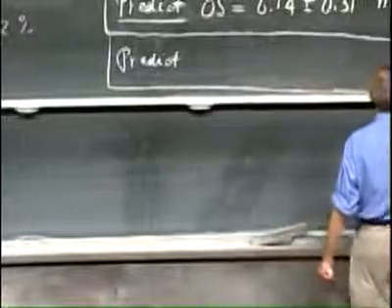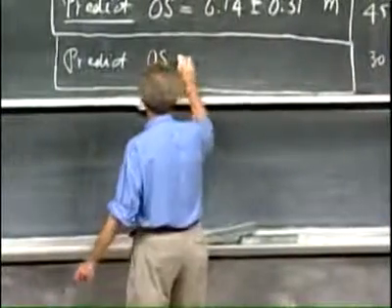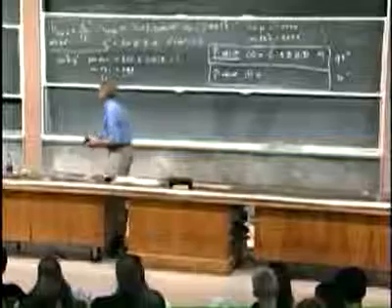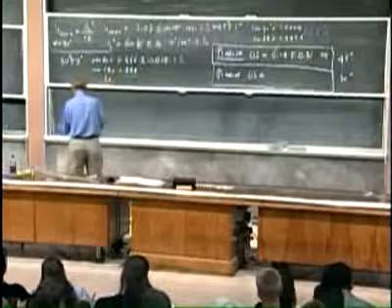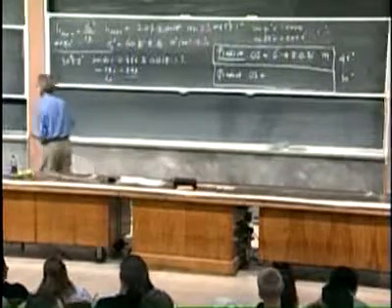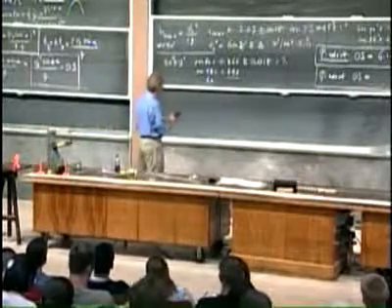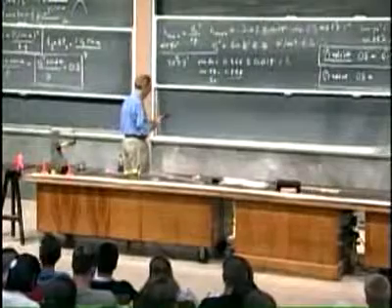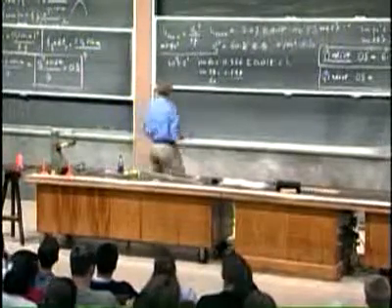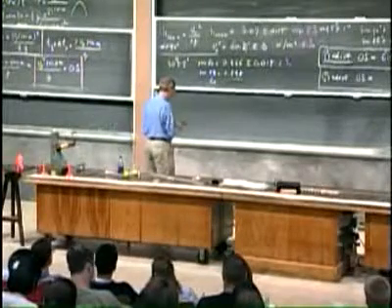Now for 30 degrees. So I have to go through V0 squared, I have that, 60.2. And then I have to multiply by the sine of 2 alpha. That is the sine of 60. Multiply. And then I have to divide by g, 9.8.